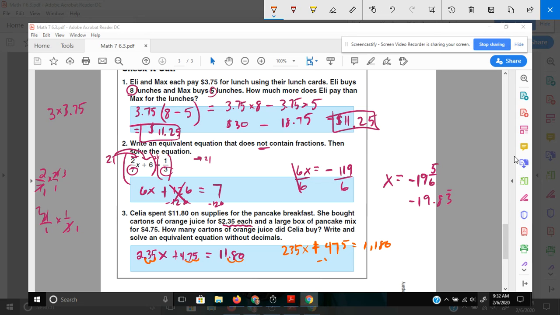And then you'd subtract 475 on both sides and come up with 235x equals, again, your calculator is fine here, 1180 minus 475 would give you 705, and divide each side by 235. You'd come up with x is equal to 3. And remember, that's cartons of orange juice.